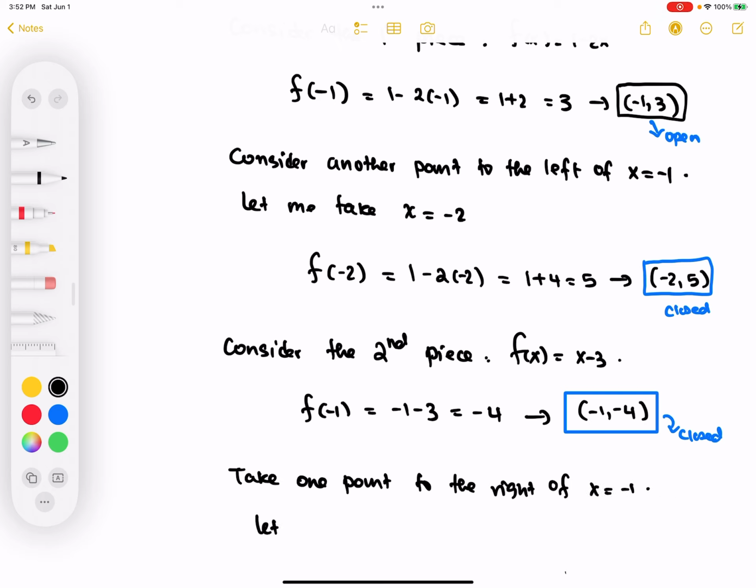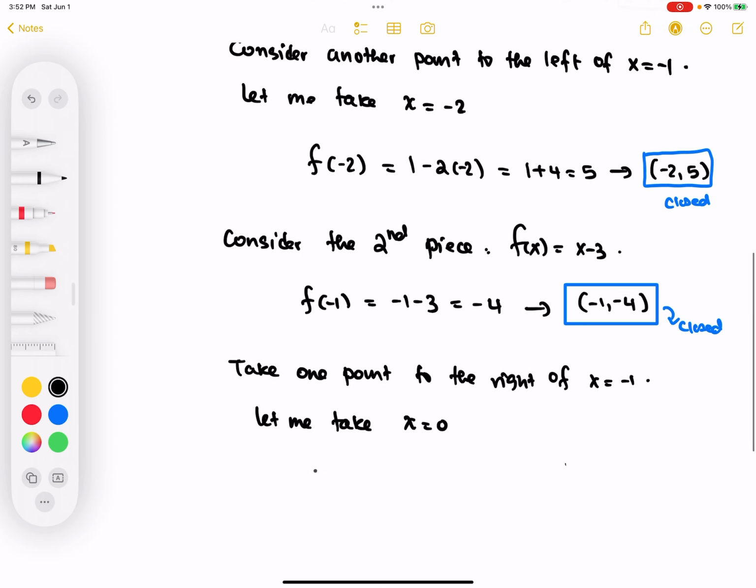Let me take a number, for example, x equal to 0. Then let me evaluate. So f of 0 for the second piece is 0 minus 3, which is negative 3. So the ordered pair is 0, negative 3.